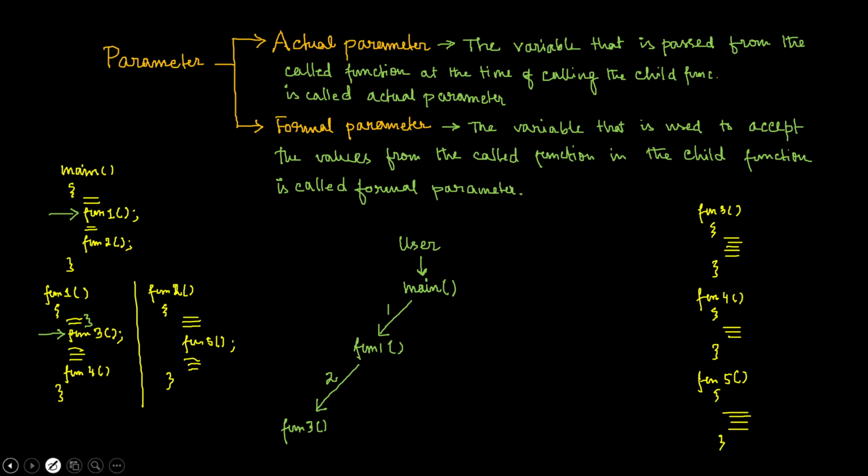So what will happen is that when function 3 was called from function 1, the processor will execute the code of function 3, and after completion of this code, what will happen? For example, assume that I have some job, and a part of the job I have given to you.